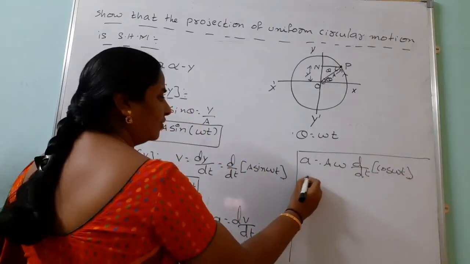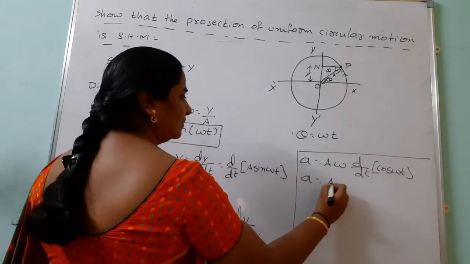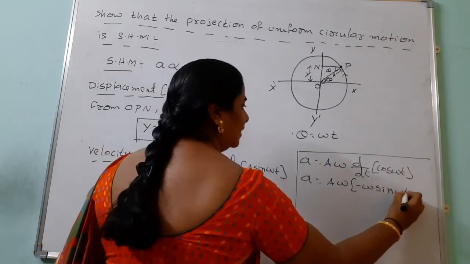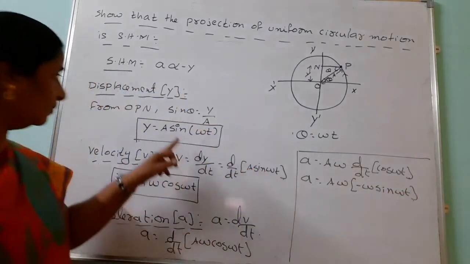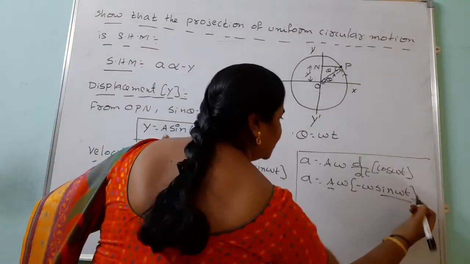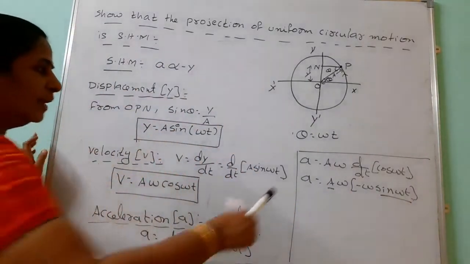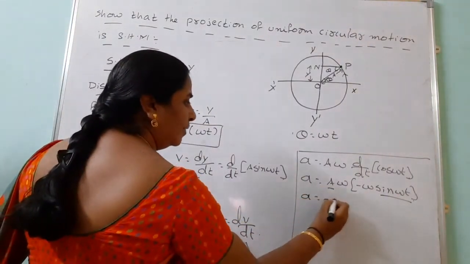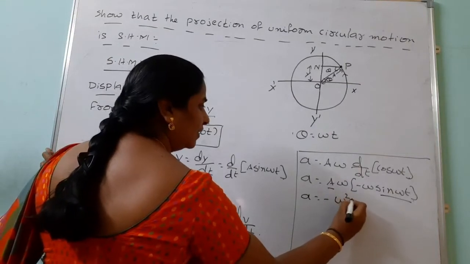The d by dt of cos omega t formula is minus omega sin omega t. But in this equation, instead of a and sin omega t, we write y, and omega into omega is omega square. Here the minus comes to the front: minus omega square y.